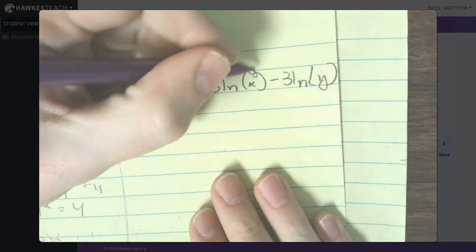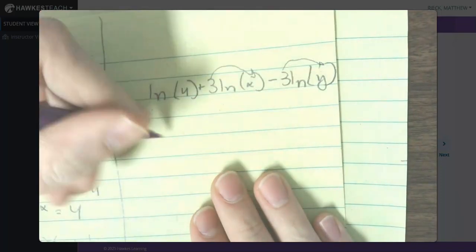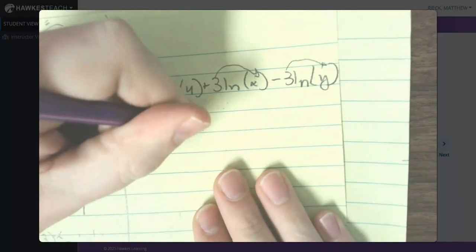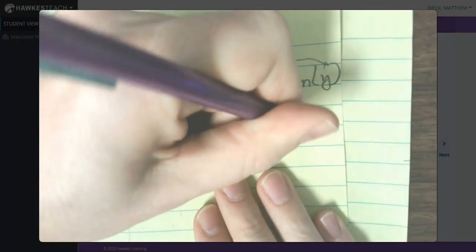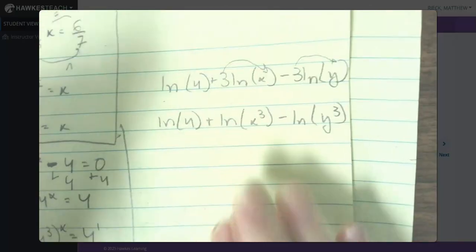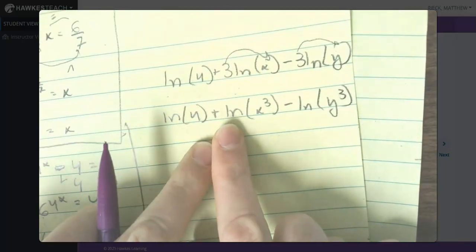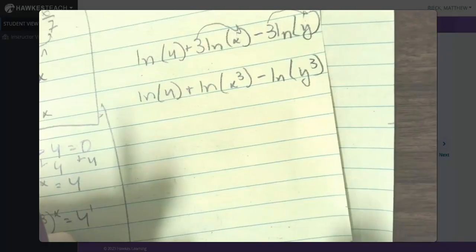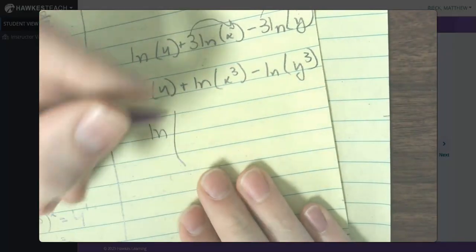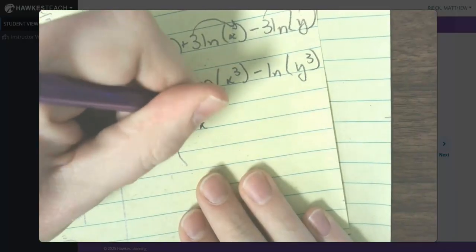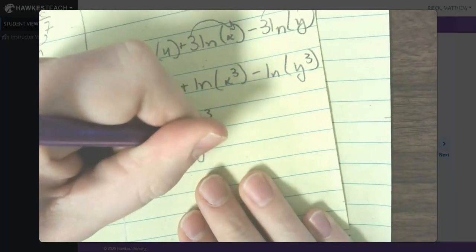I'm going to bring these up to the exponent. So you have natural log of 4 plus natural log of x to the third minus natural log of y to the third. And again, when I'm adding, I'm going to multiply the arguments so it's inside the logs. And when I'm subtracting, that's going to go in the bottom of my fraction. So you have natural log of 4x to the third over y to the third.